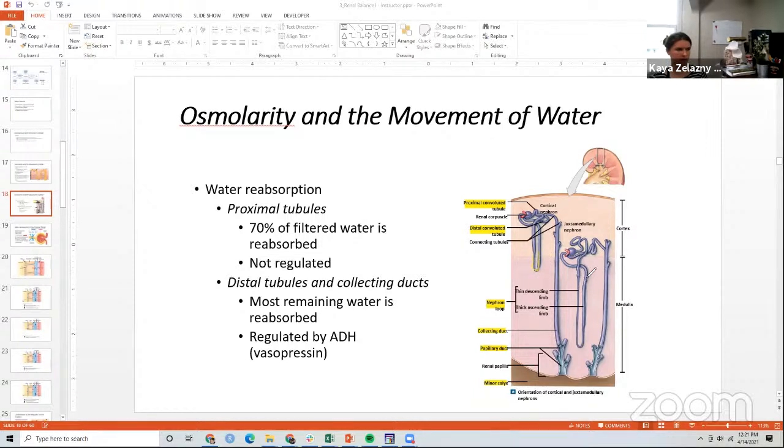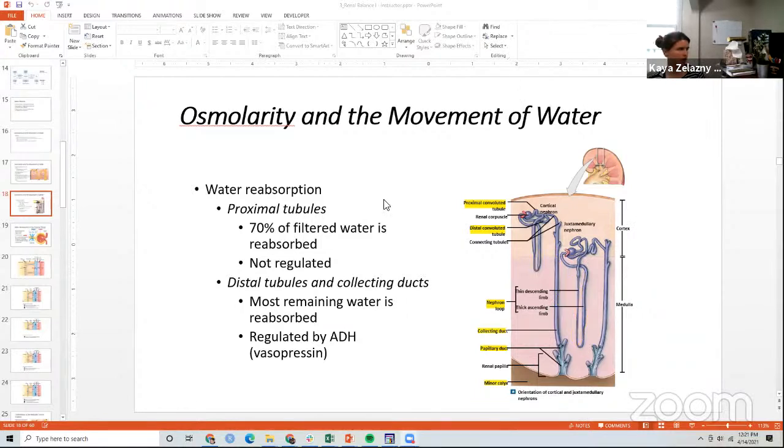Here we have a loop of Henle. Here we have a loop of Henle. And then we loop back around, and eventually our collecting duct for sure is going to go back through. And in a juxtamedullary nephron, which is the type we've mostly been seeing, parts of the distal convoluted tubule may also be in the medulla.